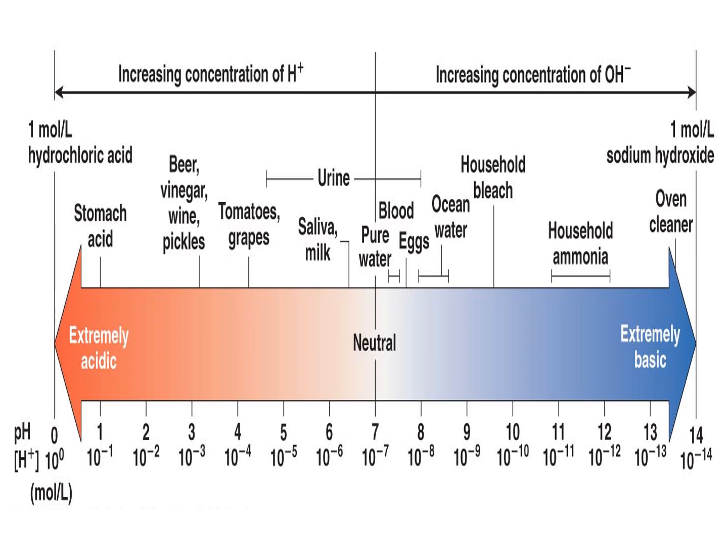And then we've got blood, which is just above 7. Ocean water, there's a lot of salt in that. It's pretty basic, about 8.5. Bleach is just under 10. Ammonia, 11 to 12. And then sodium hydroxide is 14. So oven cleaners, things like that, are very, very basic.